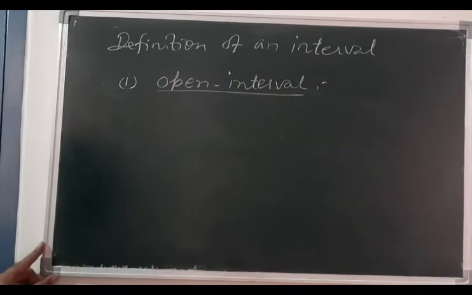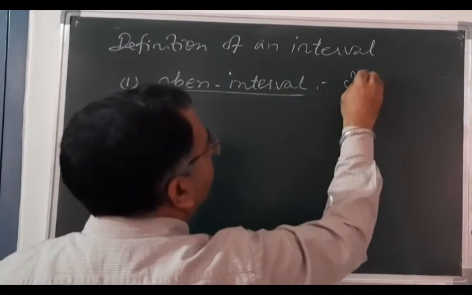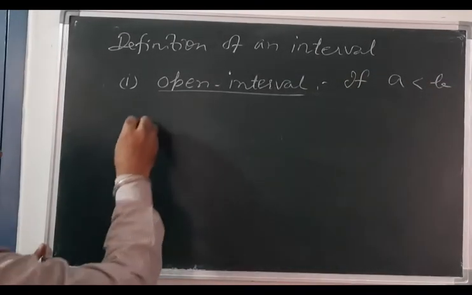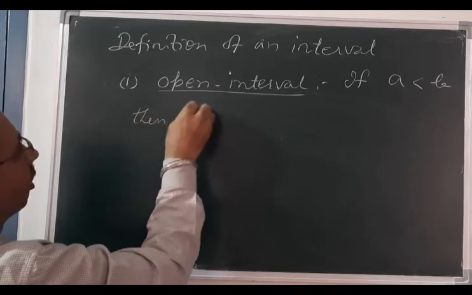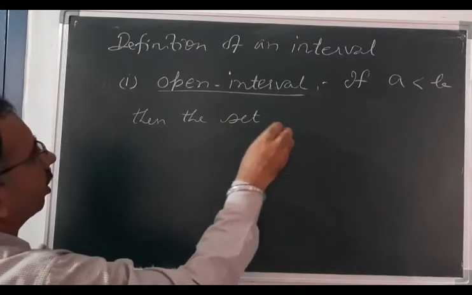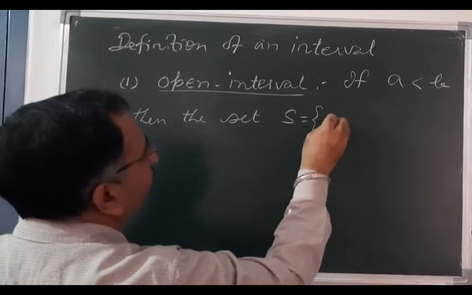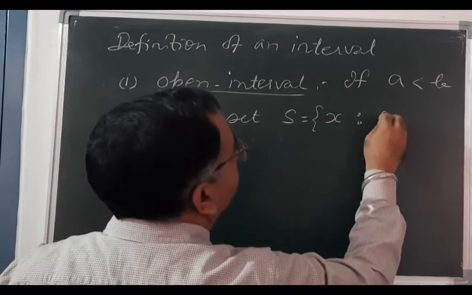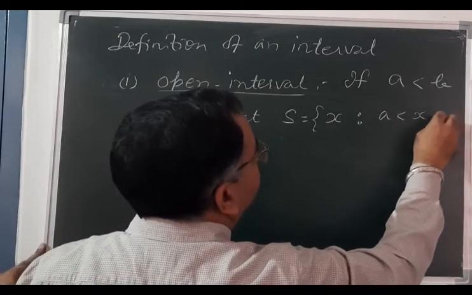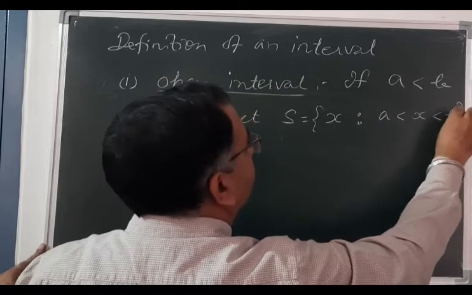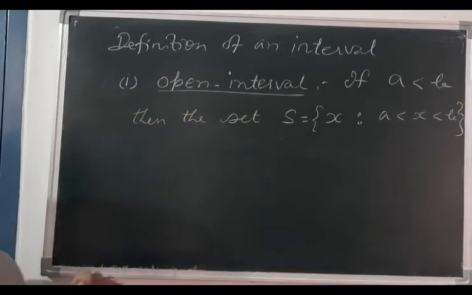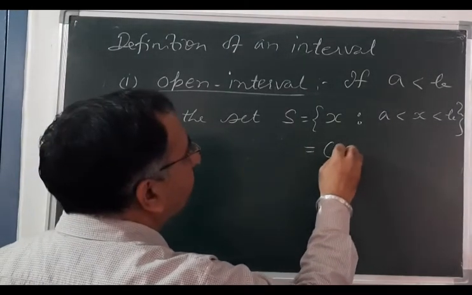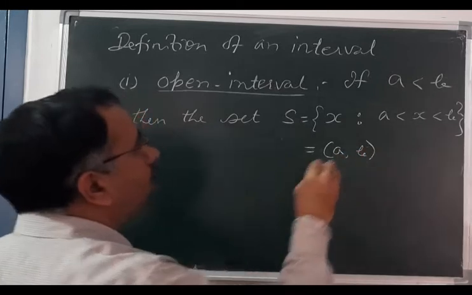So what is this? So if a is less than b, then the set S consisting of all real numbers x such that a is less than x less than b, this set is called an open interval, and this will be denoted by a to b.